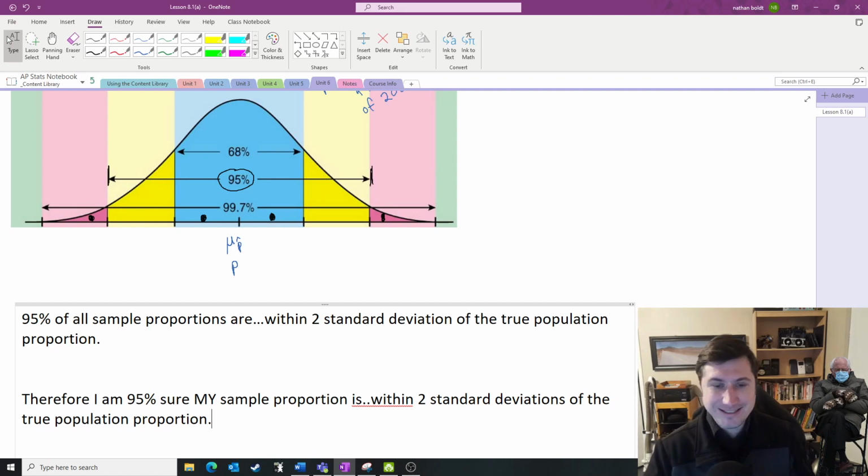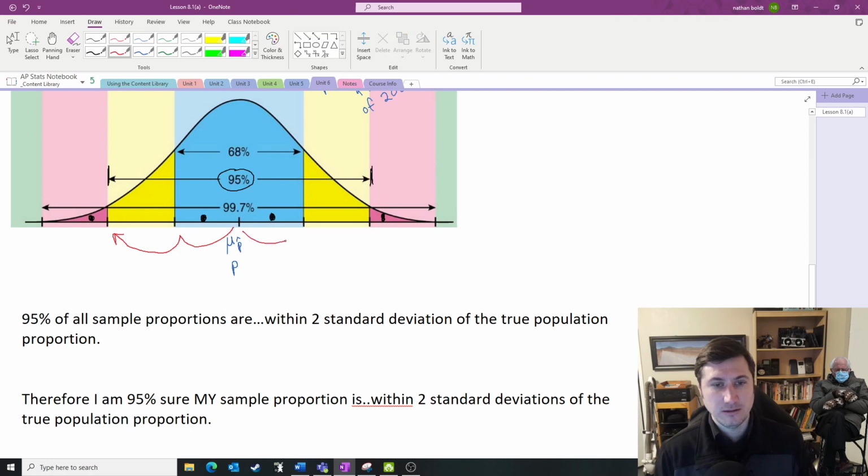These are kind of big statements that I want you to understand. If 95% of all samples are within 2 standard deviations, from there to there, then I'm 95% sure that my sample is between there and there.